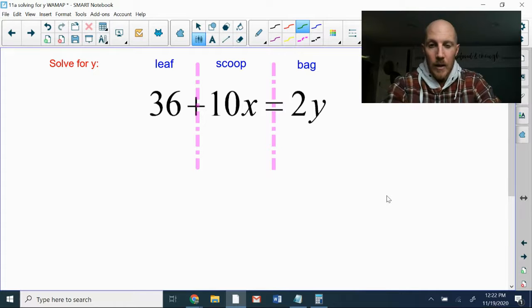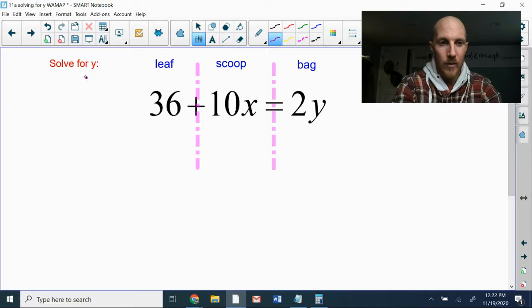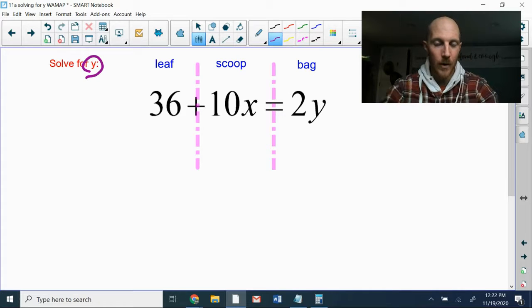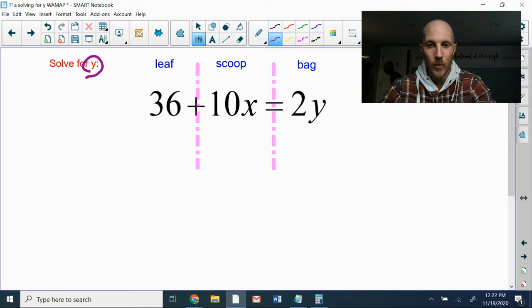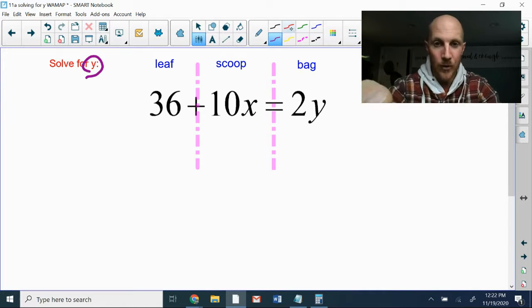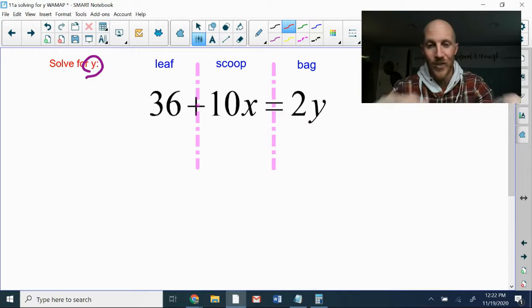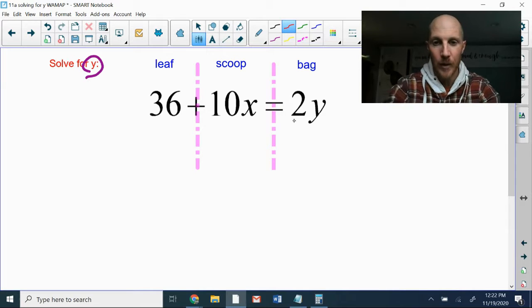And then if I'm going to solve for y, like my directions ask, I would need to get the y all by itself on one side of the equal sign. Any other numbers or terms that show up there, I just need to get rid of them by doing the opposite operation. So I can demonstrate with this equation the exact same thing we just did a minute ago.